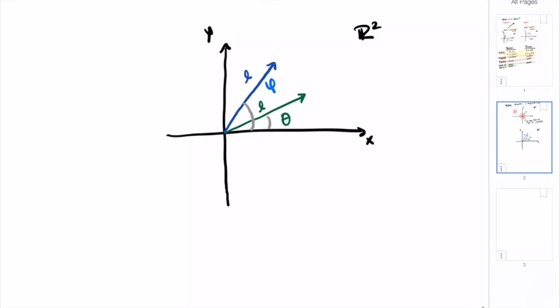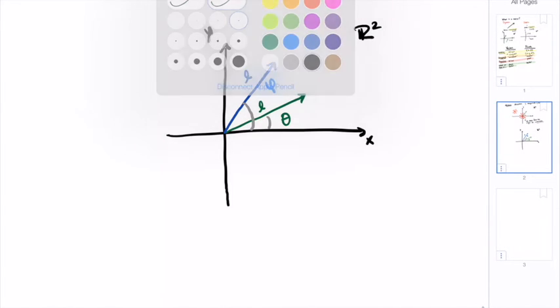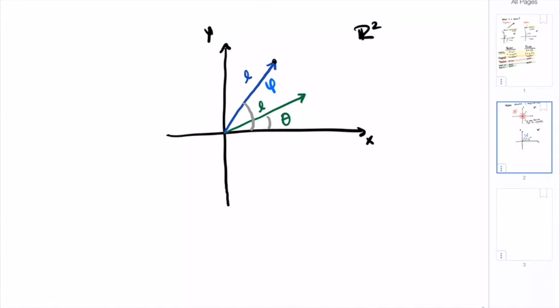I actually can figure out what this vector is, what the motion is that it's making. A vector is going to have an ending point and a starting point. And all I need to figure out is how much did I go in the x direction, and then how much did I go in the y direction. Because I started from 0, this is just the coordinate for this point. So my vector should be <L cos φ, L sin φ>.